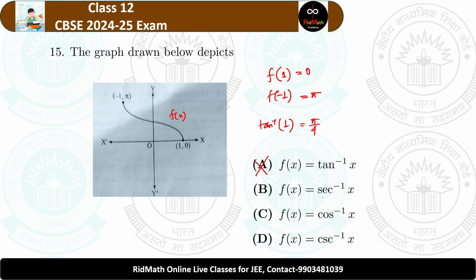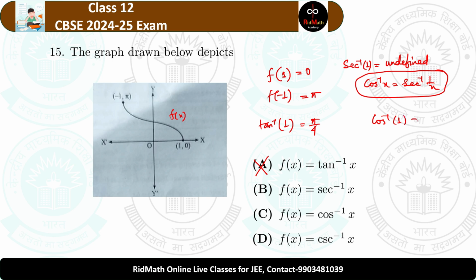Then sec inverse 1 is undefined, because cos inverse x equals sec inverse of 1 by x. You can see that cos inverse 1 is 0. That means option C is correct. This graph is cos inverse x.